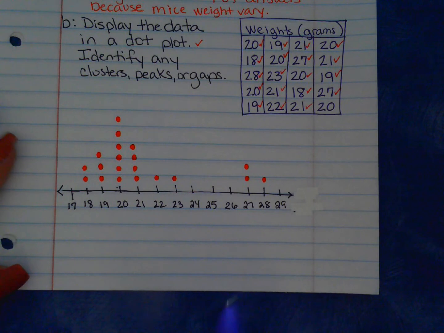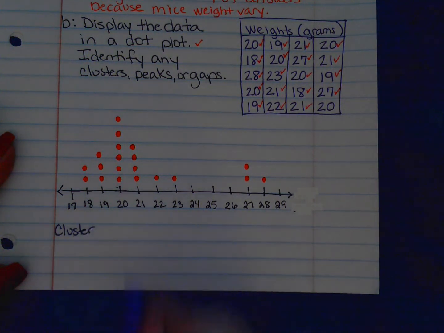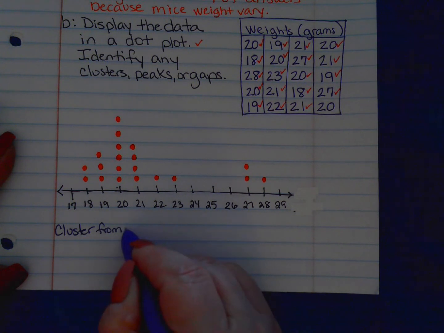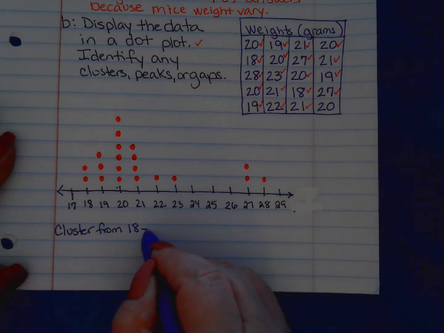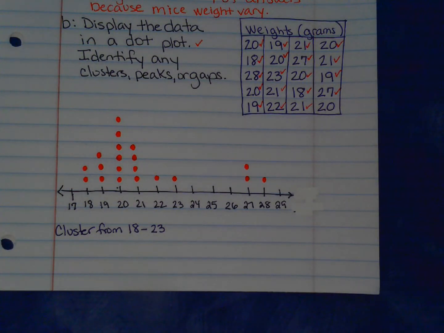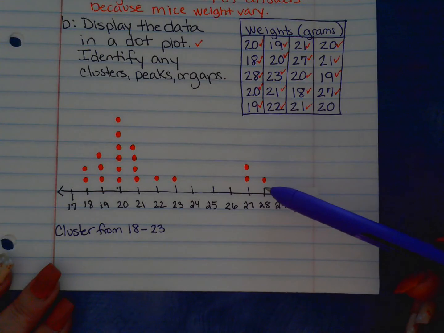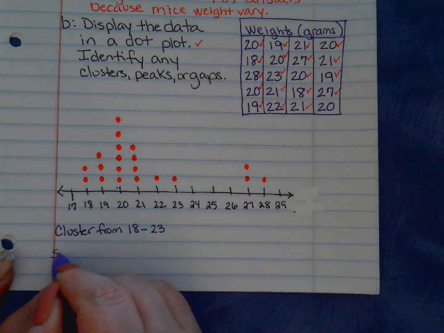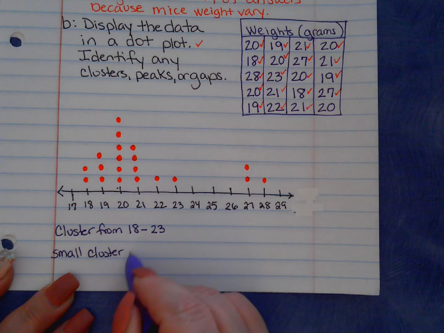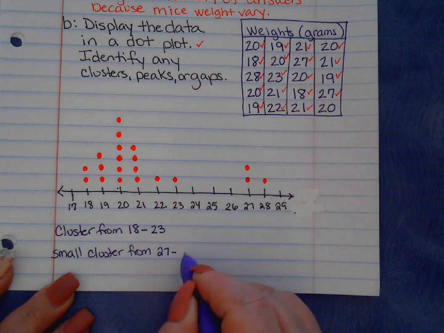So I would say that there is a cluster from 18 to 23. Okay. And then if I look over here, I see a little cluster. So I might say a small cluster from 27 to 28.